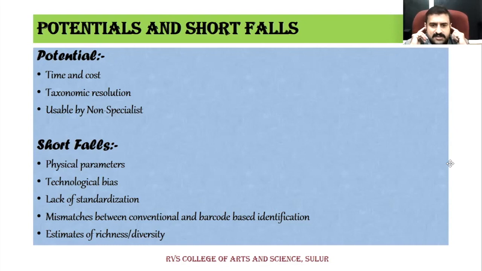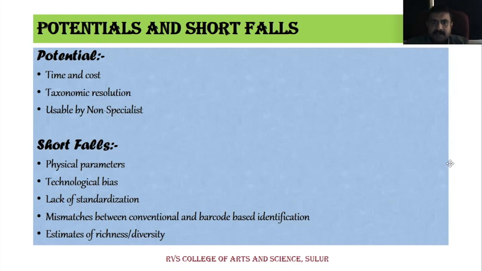Another is the mismatch between conventional and barcode-based identification, because I can't claim against somebody who has been an expert in taxonomy for the past 40 years and comes with a valid reason based on morphology, while you are telling them that it is not a match based on the genotype.